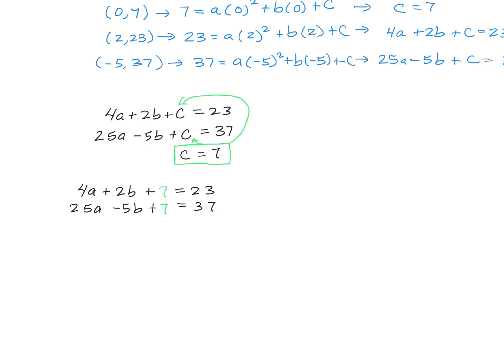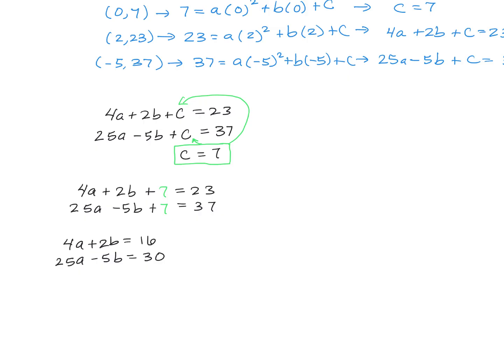If we then subtract 7 from both sides, we get 4a plus 2b equals 23 take away 7, which is 16. And 25a minus 5b is equal to plain 30, because 37 take away 7 is 30. From here, we can solve different ways. One thing you will notice is you can downsize the equations by dividing to cancel out the larger numbers.